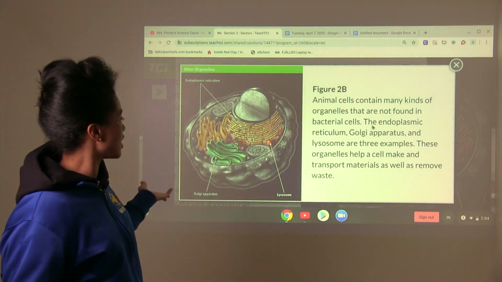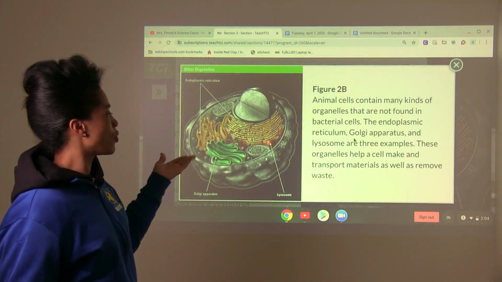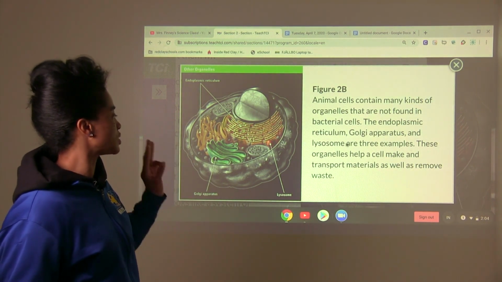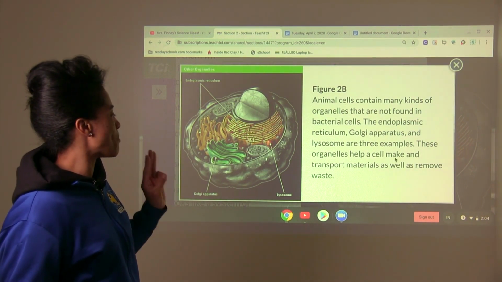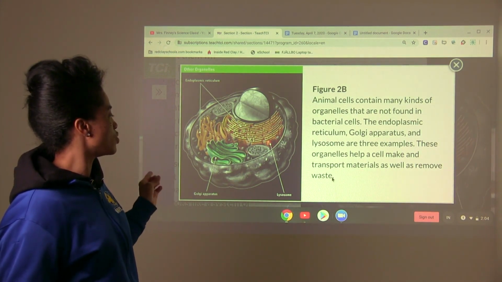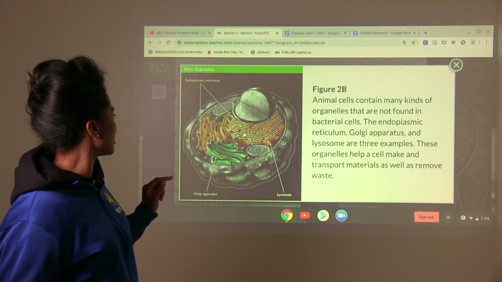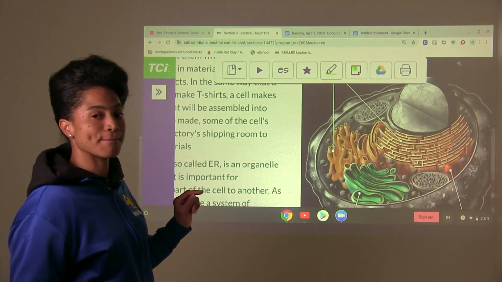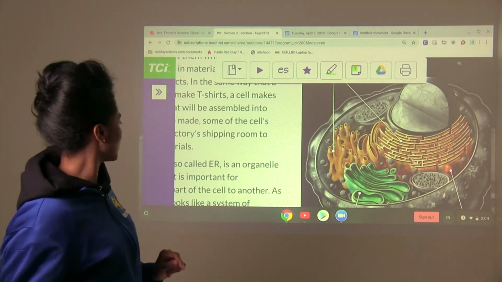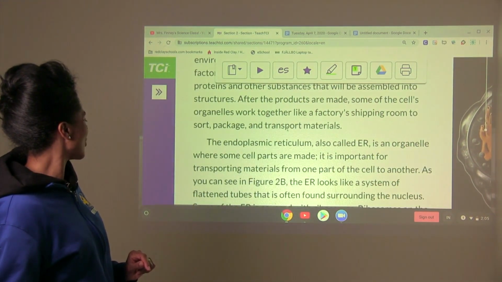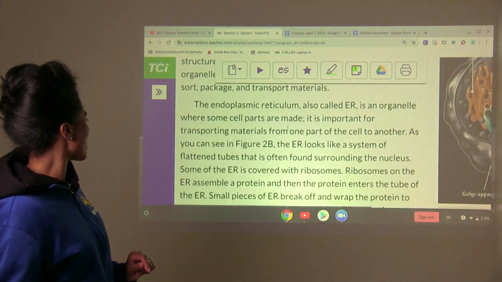The endoplasmic reticulum, Golgi apparatus, and lysosome are 3 examples. These organelles help a cell make and transport materials as well as remove waste. So this one, endoplasmic reticulum, is responsible for transporting what? Material.